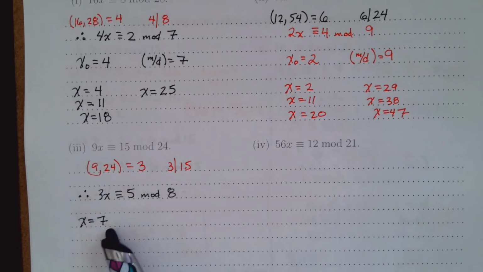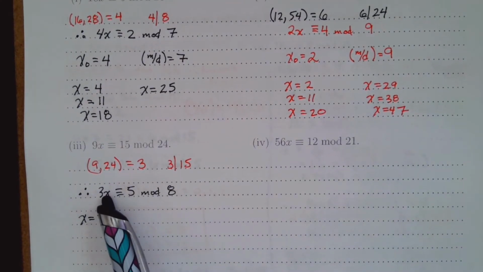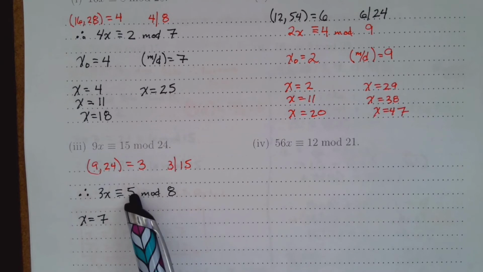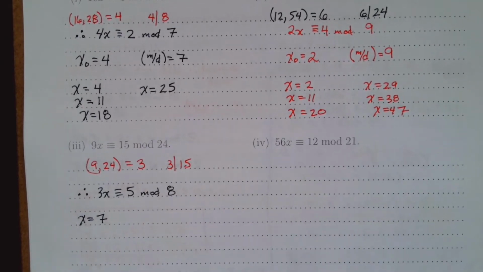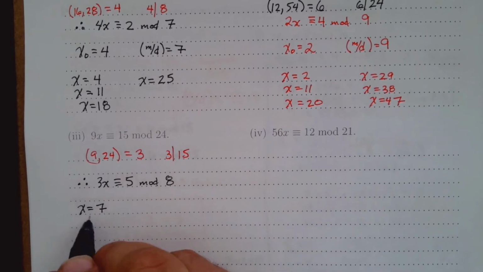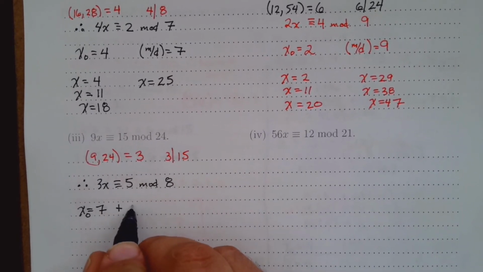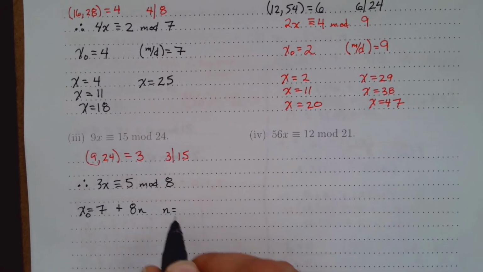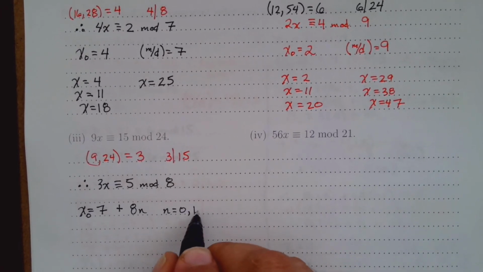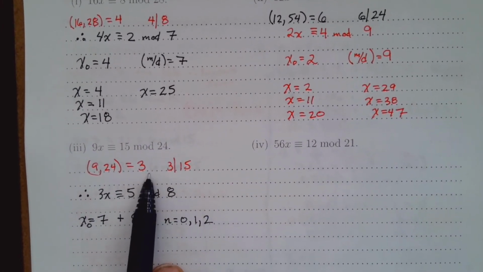How do we know that x equals 7 is a solution? 3 times 7 is 21, and 21 is 5 more than 16, which is a multiple of 8. Okay, and I know that my x naught is going to be equal to 7, plus 8 times n, where n is going to be equal to 0, 1, or 2, because I need to have 3 incongruent solutions.